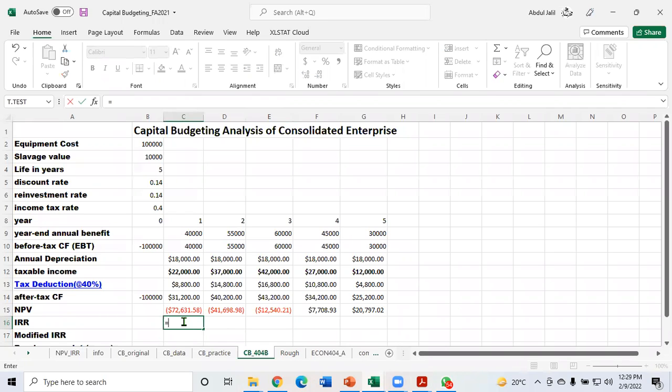Okay, next is the IRR. So you will pick this IRR. Internal rate of return needs values, right?